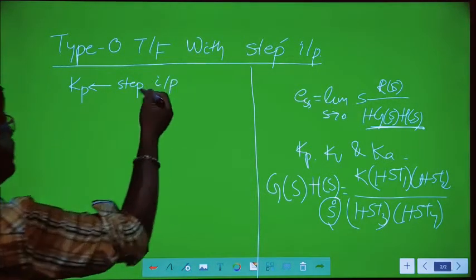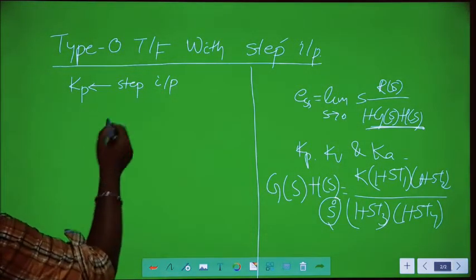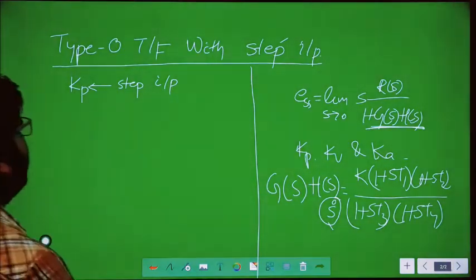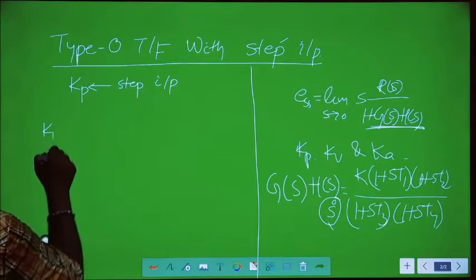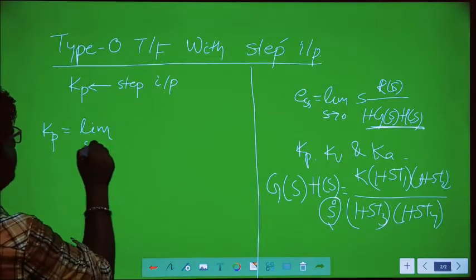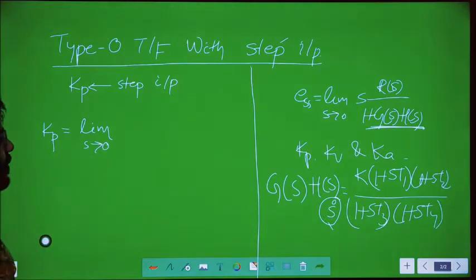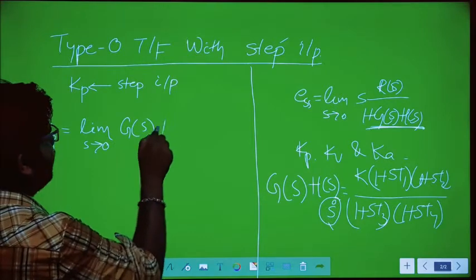Okay. If you give ramp input, we will get Kv, and if you give parabolic input, we will get Ka. So clear? That means you can write Kp is equal to limit s tends to 0 of G of s into H of s.